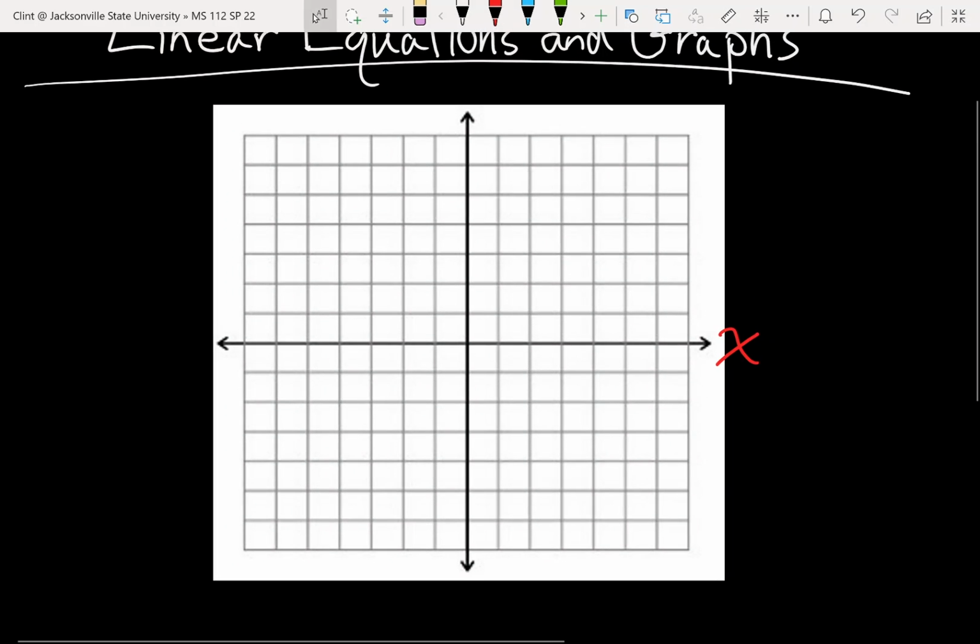And then we can call our vertical axis the y-axis. The whole thing we call the plane, and if we're just thinking about some flat surface, we call that the plane. Since we're putting coordinates on it, you can call it the coordinate plane.